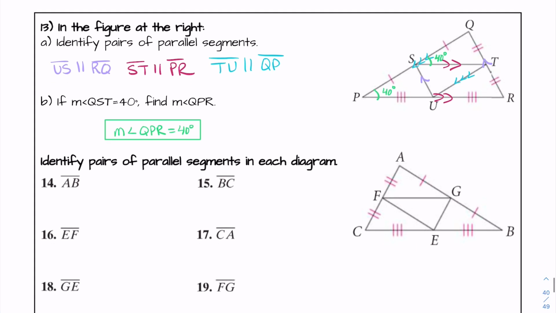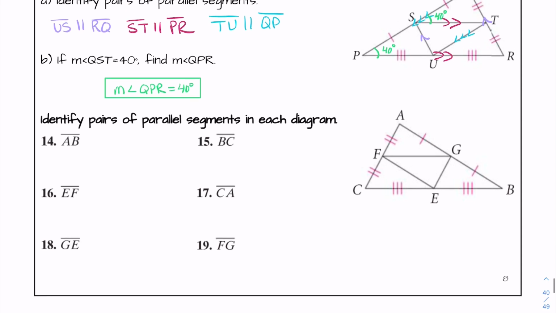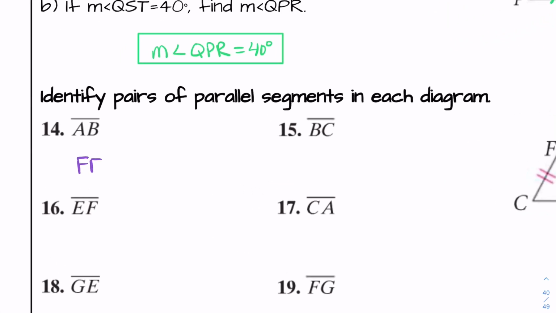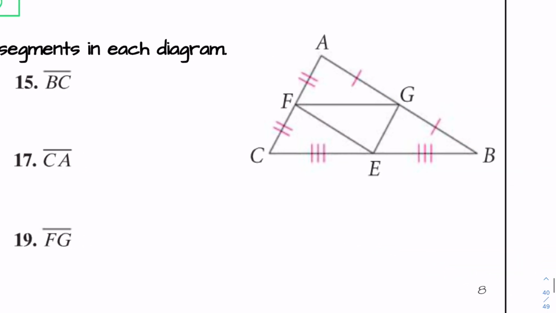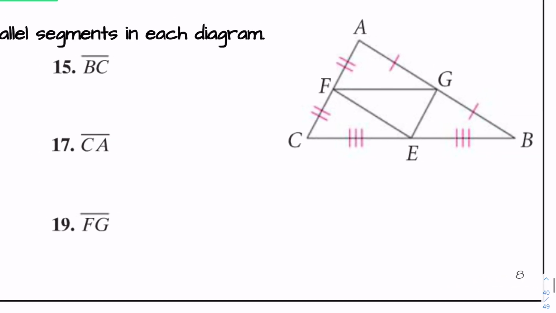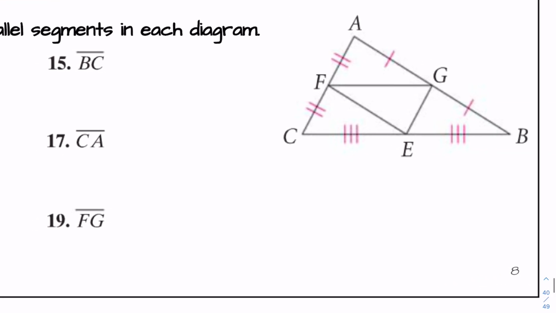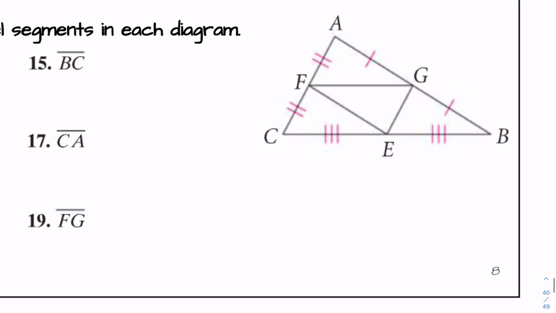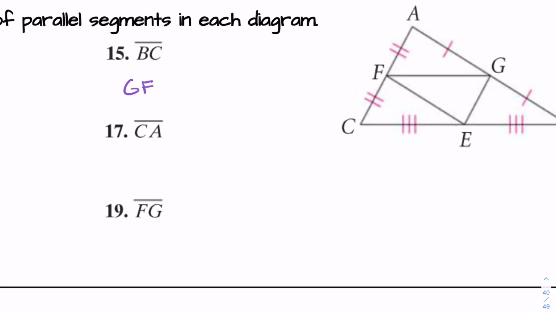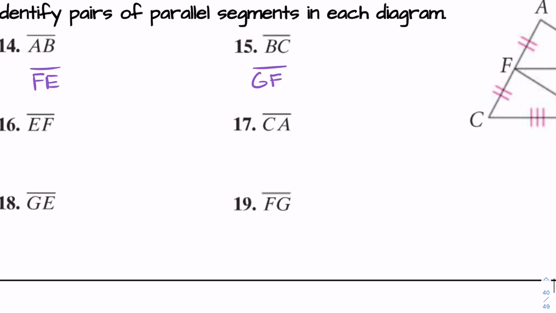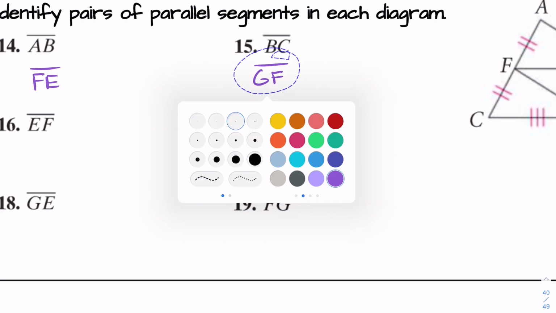Okay. Identify pairs of parallel segments in each diagram. So AB, let's see. AB, what's parallel is FE. AB and FE are parallel. That's good. BC, here's BC. So GF. And then, whoops, I guess we'll change it to orange.